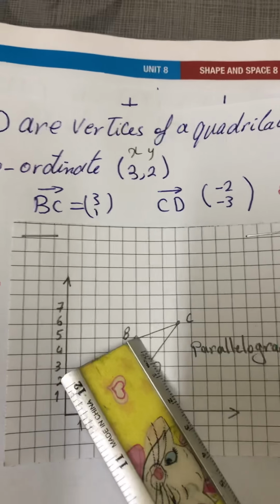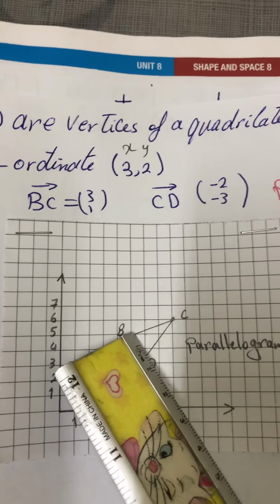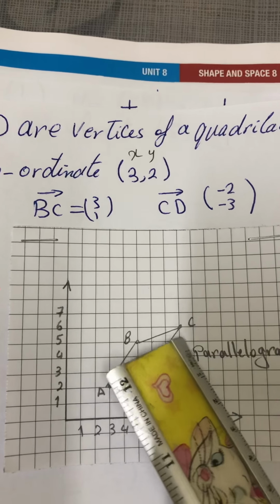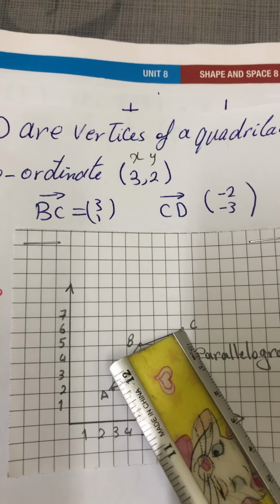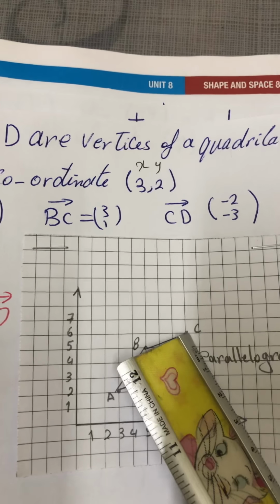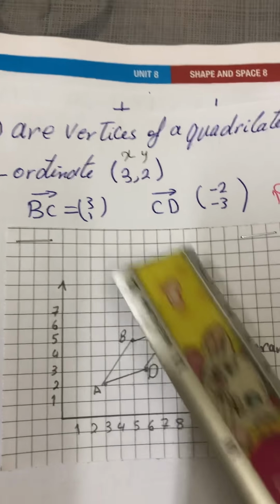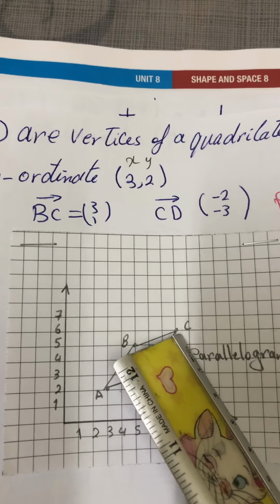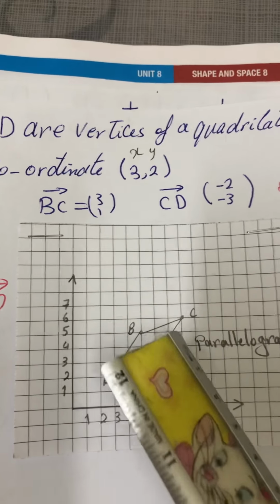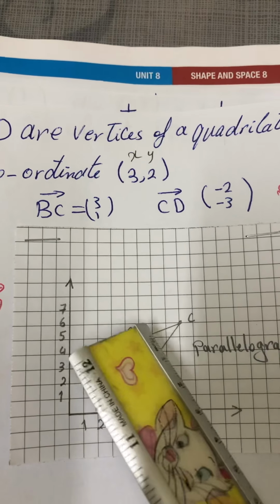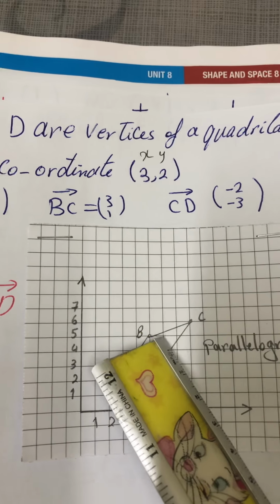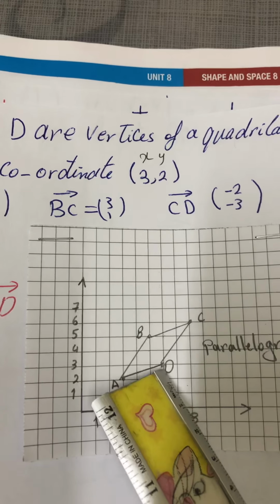Now go to BC. I'll start from here, from point B, 3, so I go to the right 3, 1, 2, 3, and 1 up, and put C. From C, I'll start to draw CD. From C, I have to go left because I have -2, 1, 2, and down 3 because I have -3. 1, 2, 3.